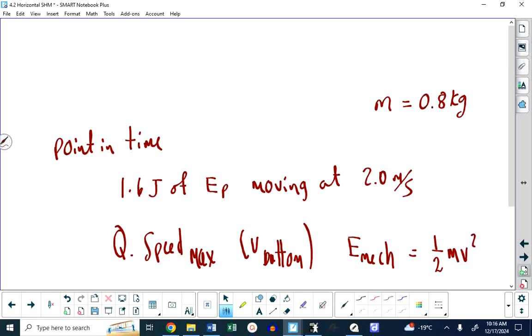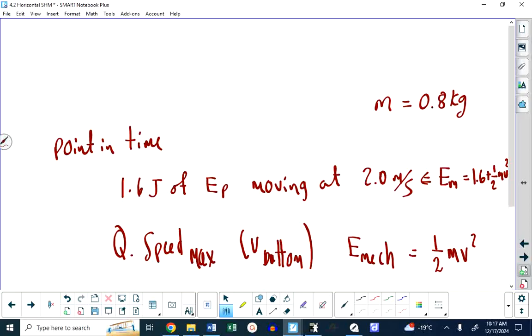Whereas up here, the mechanical energy is potential plus kinetic. And to solve this problem, you used the law of conservation of mechanical energy. You said that 1.6 joules plus 1/2 mv squared with 2 meters per second will equal 1/2 mv squared at the bottom where there's no potential energy.